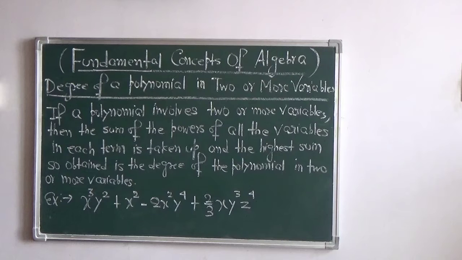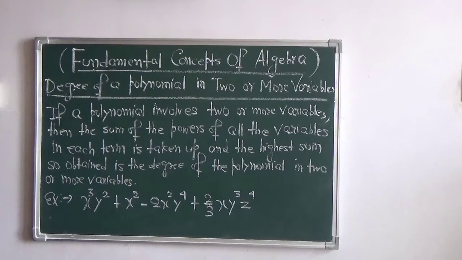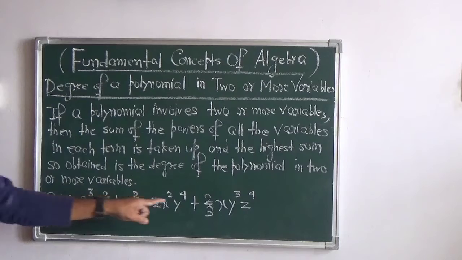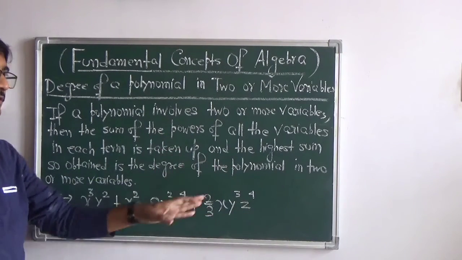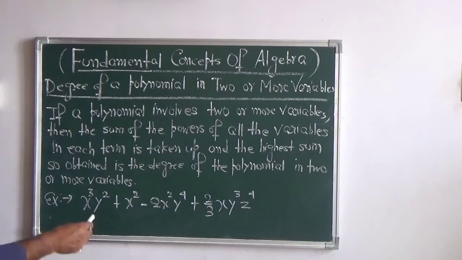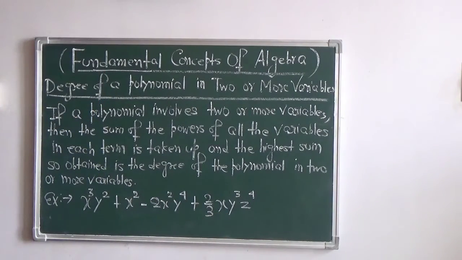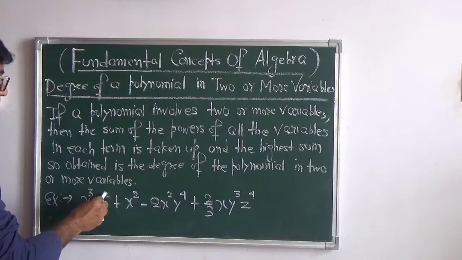Now if you look at this, the variables appearing in the polynomial are x, y and z. A few of the terms may not contain all the variables, but still this is a polynomial having three variables x, y, z. So you count the total power in each term. For x and y, 3 plus 2 is 5.